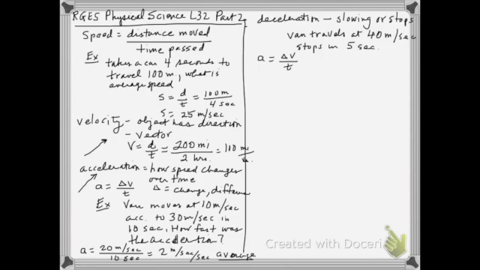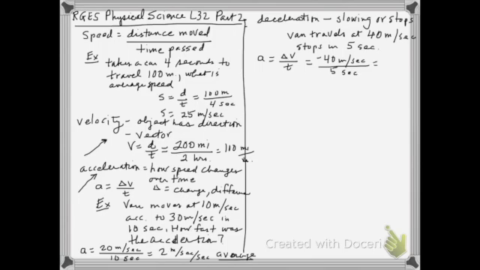So we can see that the change in velocity is going from 40 and it stops, right? So it's going to go to 0, right? So it goes from 40 to 0, but now it's not a positive number, it's a negative number. It's going to have a negative delta velocity, negative 40 meters per second, and it does that in 5, and so the time involved is 5 seconds.